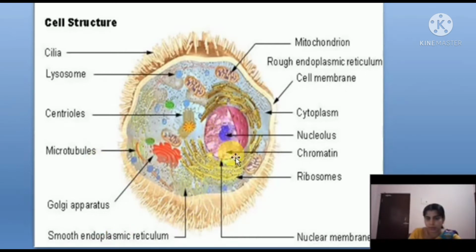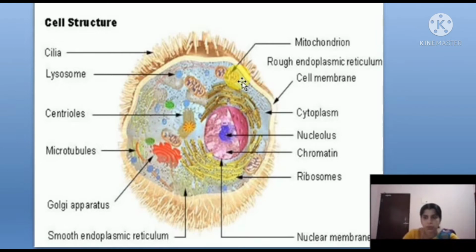Outer, this whole thing is the nucleus, and the center one is the nucleolus, and these are chromatin, and these small granules are ribosomes, and this outer covering is the cell membrane, and this is the rough endoplasmic reticulum. This is the mitochondrion. See, this is the structure of a cell.